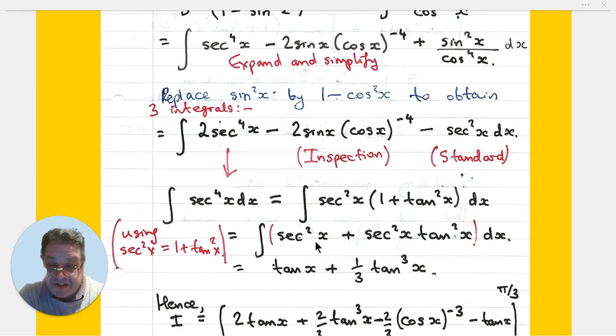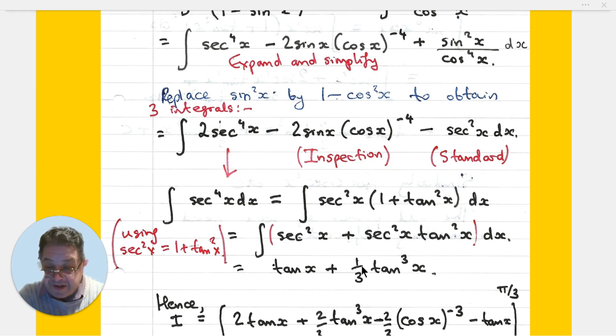So we're integrating sec squared x, which is standard, and sec squared x tan squared x. Sec squared x tan squared x by the reverse chain rule is tan cubed x over 3. The fact that tan differentiates to sec squared gives that away.